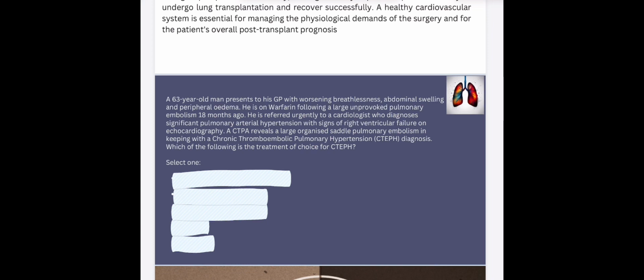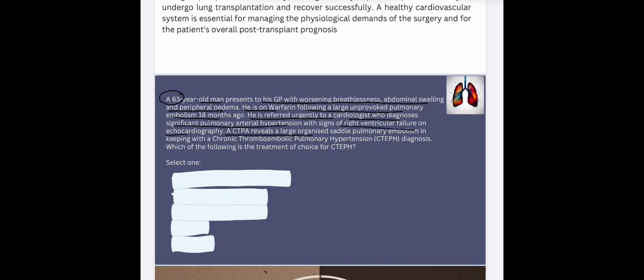Next question. A 63-year-old man presents to his GP with worsening breathlessness, abdominal swelling, and peripheral edema. He is on warfarin following a large unprovoked pulmonary embolism 18 months ago. He is referred urgently to a cardiologist, who diagnoses significant pulmonary arterial hypertension with signs of right ventricular failure on echo.